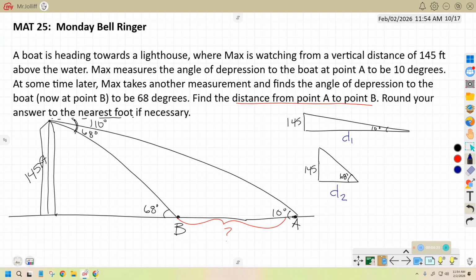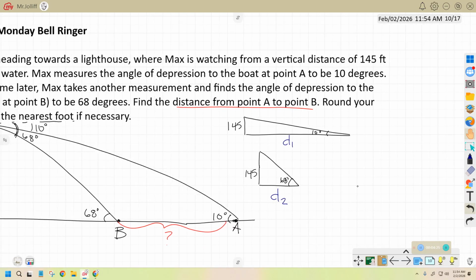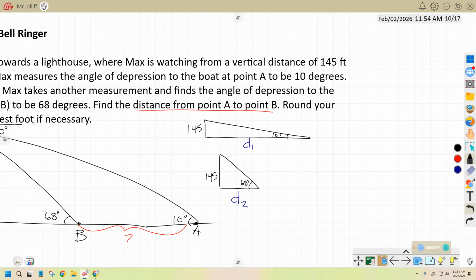Ethan! All right, Ethan. I'm going to scoot you over a little bit. Can you give us the tan fraction for that first triangle? Tan of 10 degrees equals what? 145 over x. Good.